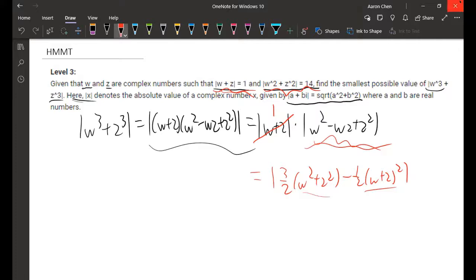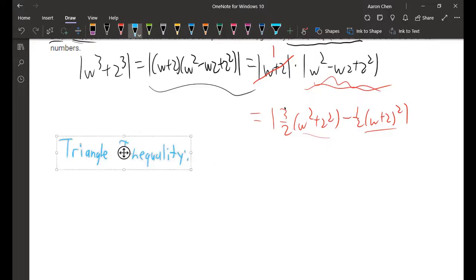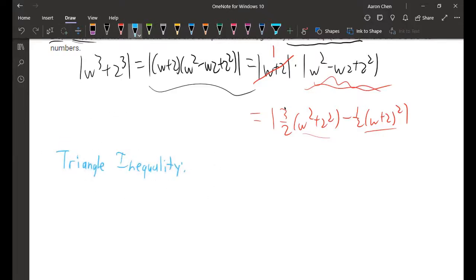And so next, we apply the triangle inequality. What the triangle inequality says in terms of magnitudes for complex numbers is that the magnitude of a plus b is at most the magnitude of a plus the magnitude of b.